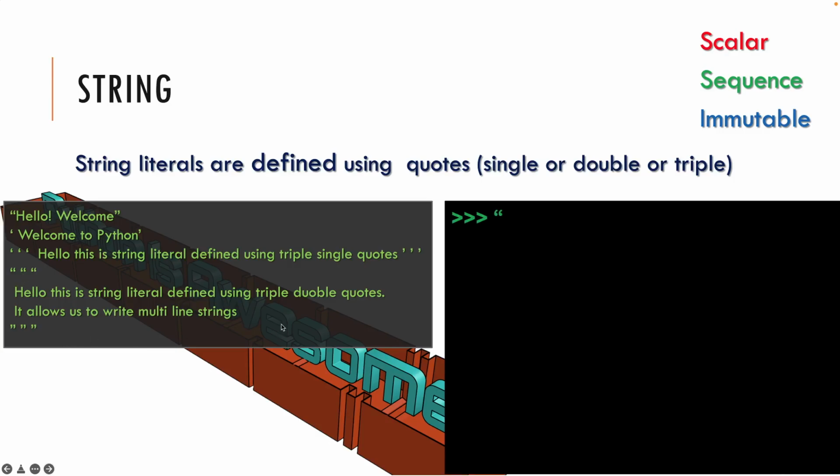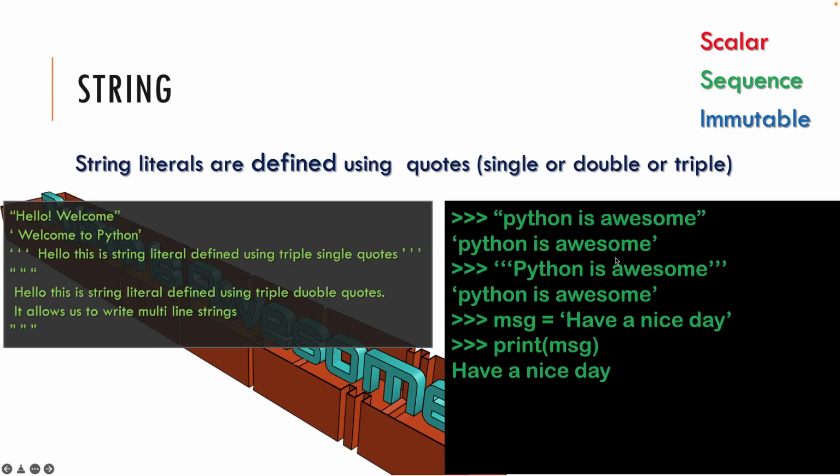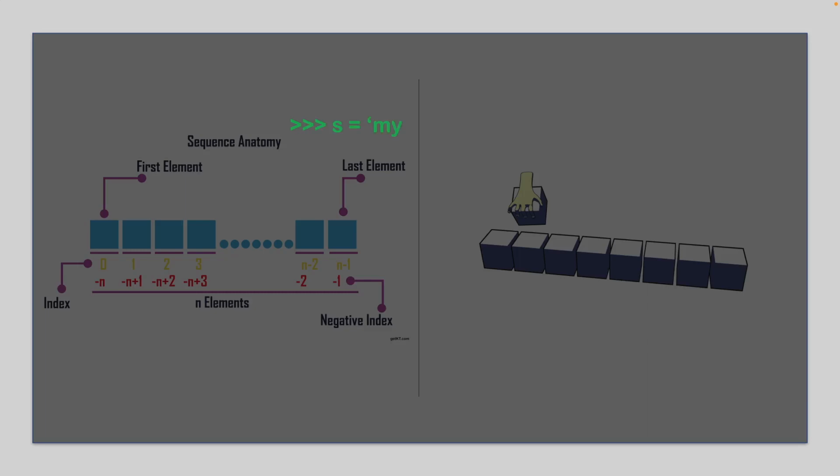So you can see here we are defining a string, Python is awesome. And I can use triple quotes also to define it. Like any number or float, you can assign that string to any variable and refer to it.